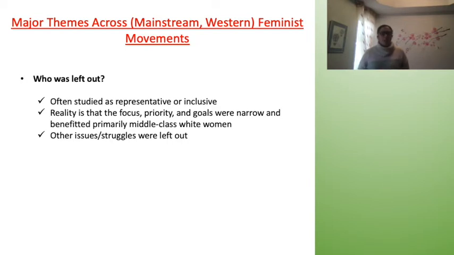We know that the goals, the leaders, the strategies that they used, the priorities that they set were really pretty narrow, right? They focused on middle class white women with a relatively narrow view on the family and sexuality. Issues of racism, ableism, colonialism, capitalism, even to a large extent, were left out of these mainstream movements.